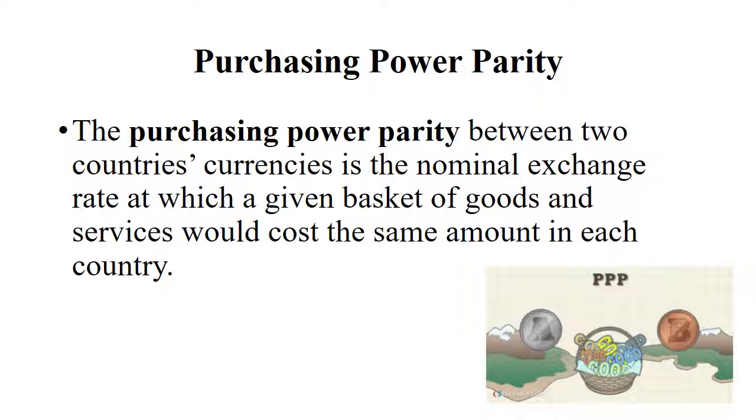Purchasing power parity is about the idea of what exchange rate would make it so that two market baskets would cost the exact same amount. So the idea is it's not going to be $100 and 100 yen. But when you convert each currency into $100, does $100 in America buy the same amount as if I converted that $100 into yen?